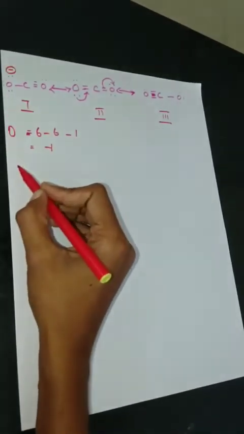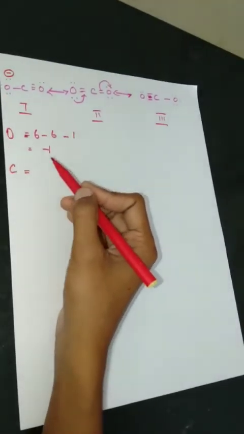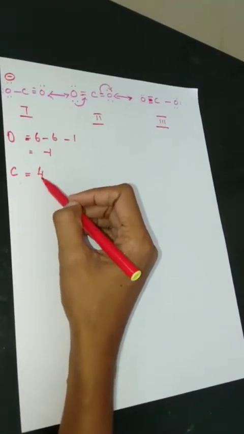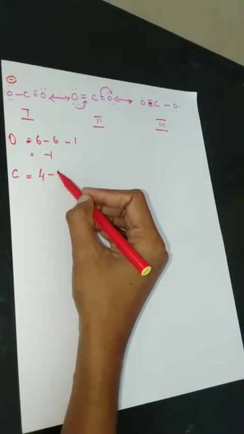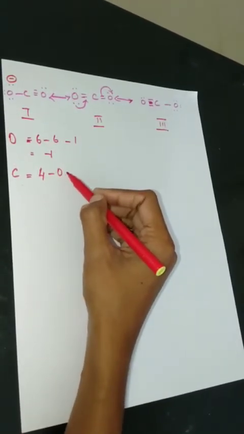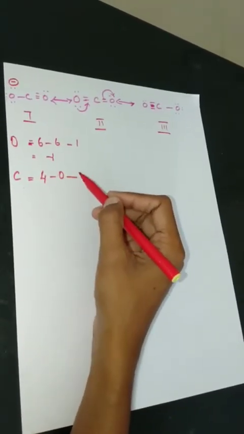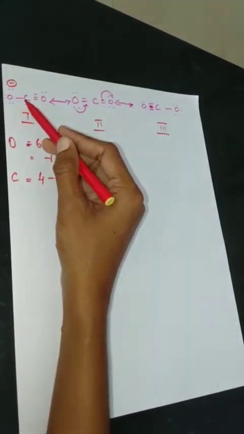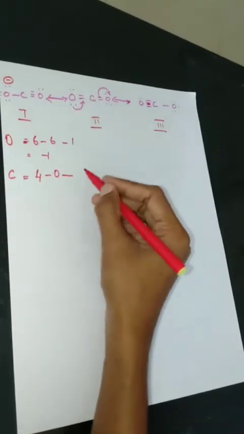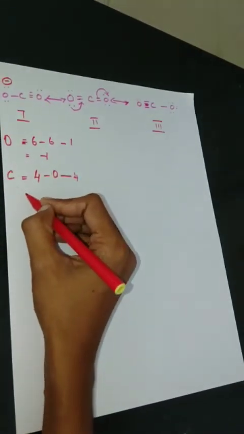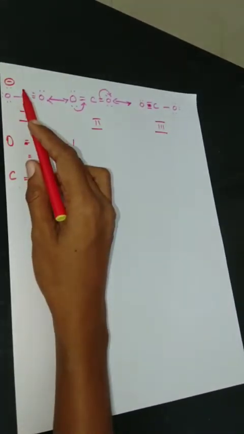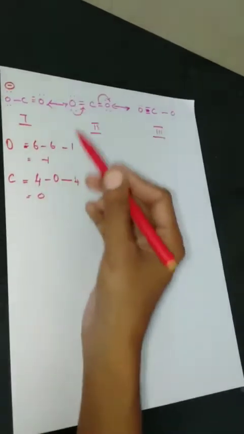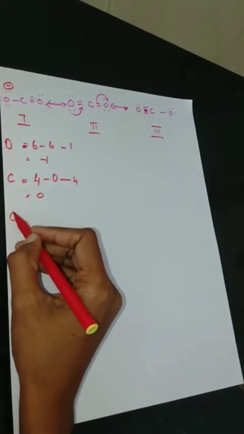Next carbon. For carbon, its valence is 4 and it has no lone pair or electrons. So that is why we put 0. And the bonds: on the left side there is one bond and on the right side there are 3 bonds, making 4. So 0. So we should not put any charge near carbon. And next for oxygen.